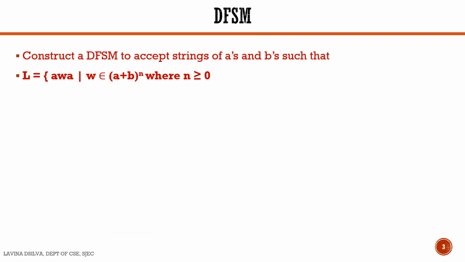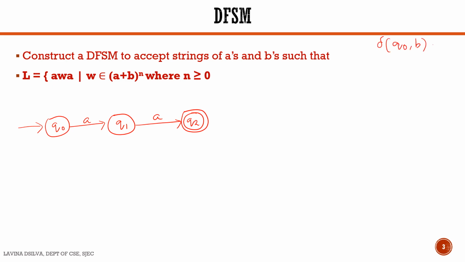Our skeleton DFSM went like this. We had Q0 state. On Q0 state, when we saw A, we went to Q1 state. On Q1 state, if we had seen an A, we went to Q2 state. And the transitions which we have to define now are: on Q0 state, if we see a B, where do we go? On Q1 state, if we see a B?